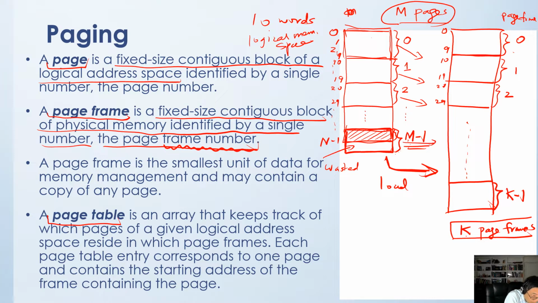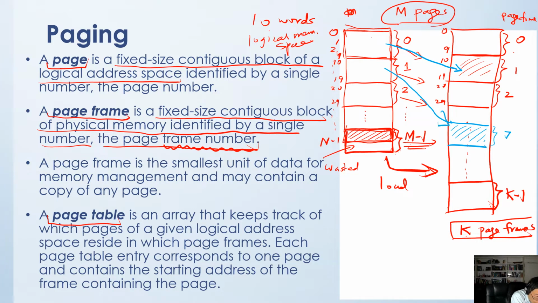So for example, if frame number 1 is available, we can map page number 0 to frame number 1. And you can map page number 1 to one of the frames over here, let's say frame number 7.